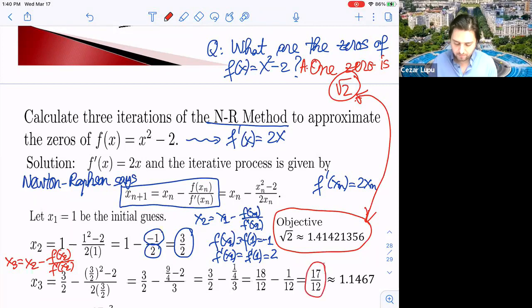So it will be this. So you see, we started from 3/2, which is 1.5, and then we end up with this guy, which is 1.1465.